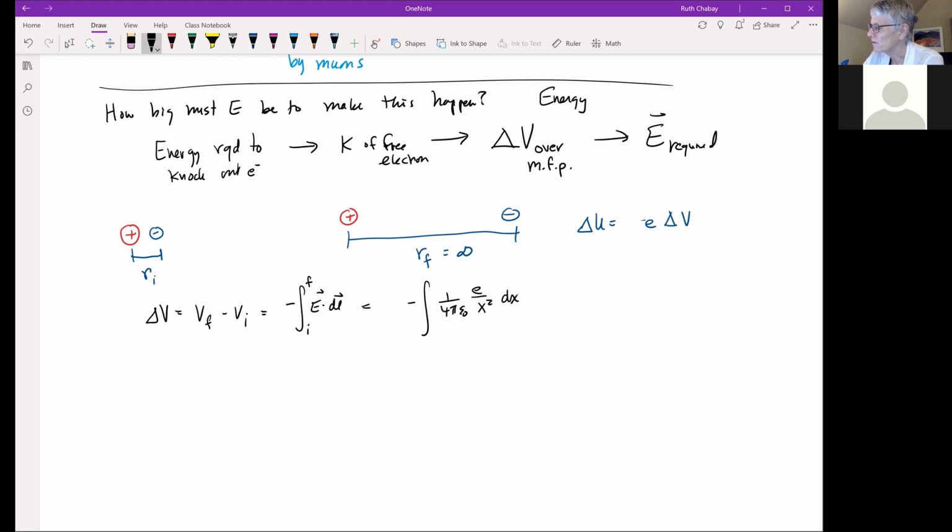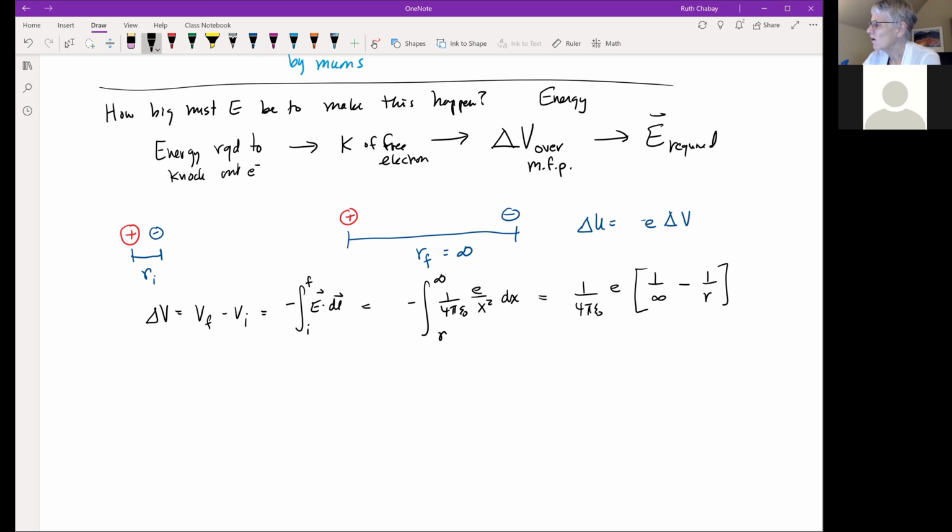And we're going from whatever the radius r was to infinity. And we've already evaluated this integral, right? So what we're going to get is 1 over 4 pi epsilon 0 E times 1 over infinity minus 1 over r.